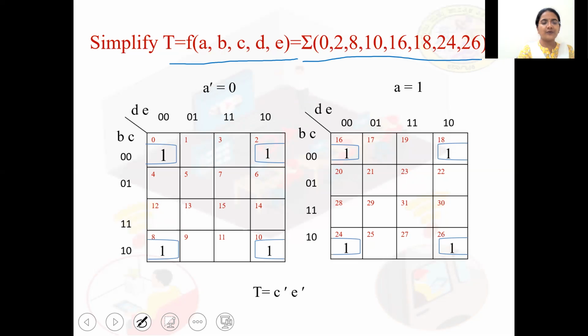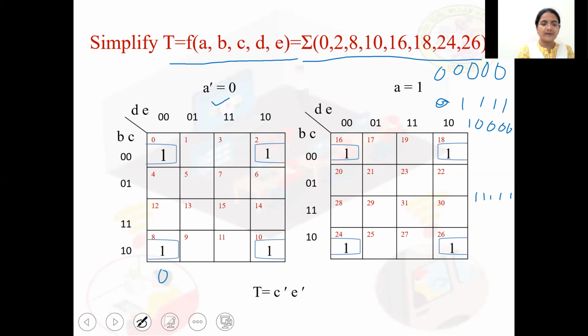For the first 4 variable K-map, A bar is equal to 0, because the 5 variable truth table has 00000 to 01111 as the first 16 values. For the next 16, we have 10000 to 11111. The same values we represent in the K-maps. That's all.